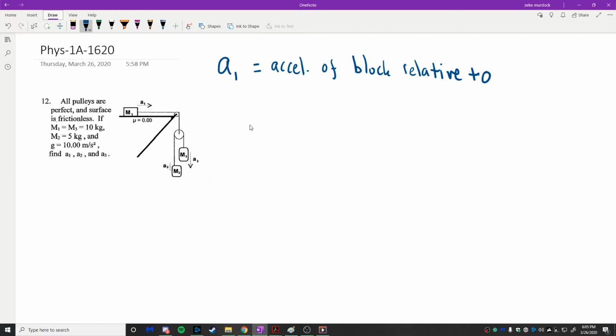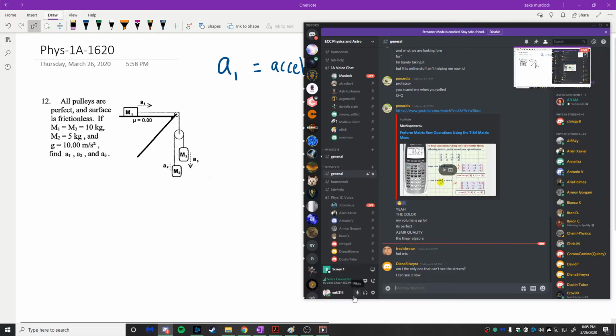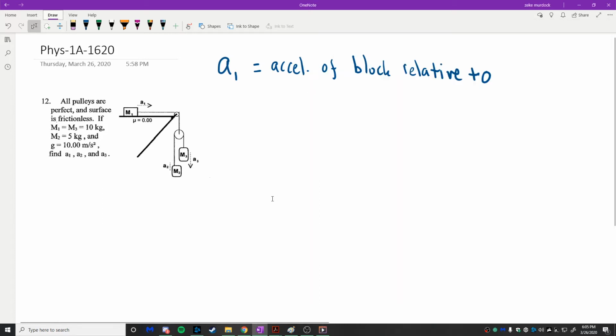Am I able to hear anything you guys say, or is just no one talking? If you'd rather type it in chat, you can do that too. If I say that this block is accelerating, what do you think that acceleration is relative to? You want to take a guess?